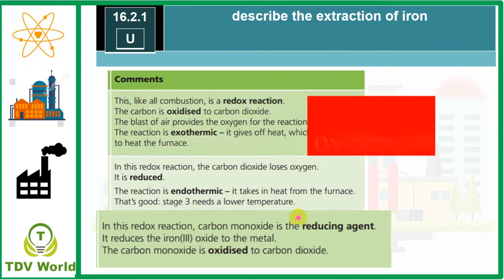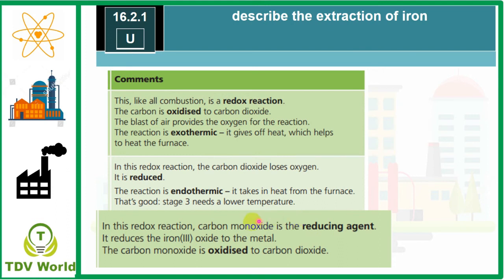So carbon monoxide is the reducing agent here in stage 3. It will oxidize itself to carbon dioxide. And hematite, or iron ore, is reduced because of carbon monoxide, and after the reduction it is converted into the metal.